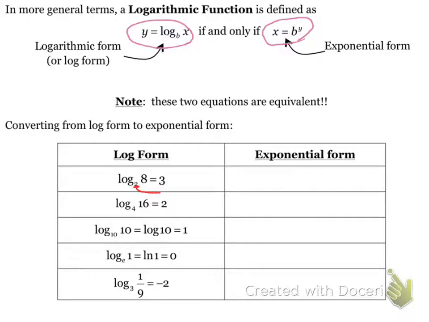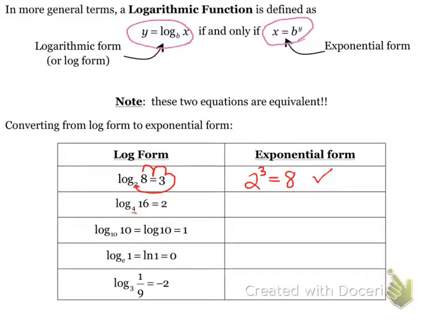So we say 2 to the 3, because remember we're writing it in exponential form now. Hit the equal sign, and then we land at the argument. And looking at this, we know that 2 to the 3rd is 8. So log base 2 of 8 equals 3 isn't something that we just know, but if we convert it into exponential form, we're more familiar with that.